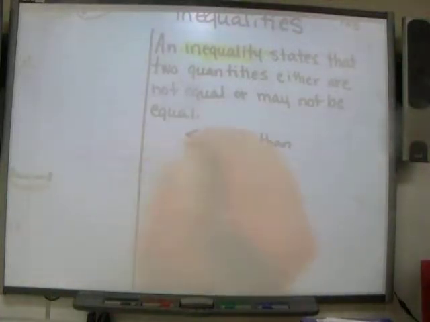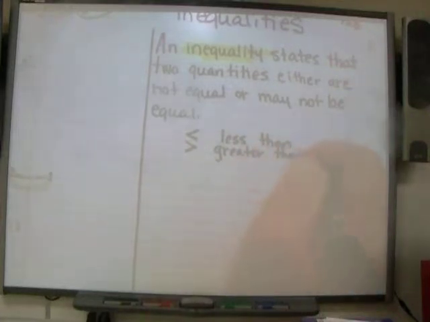This one is the greater than symbol. Less than or equal to.